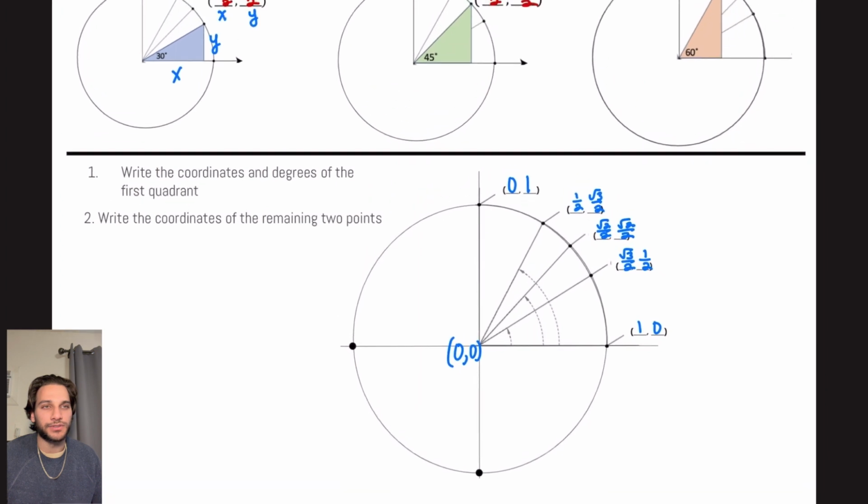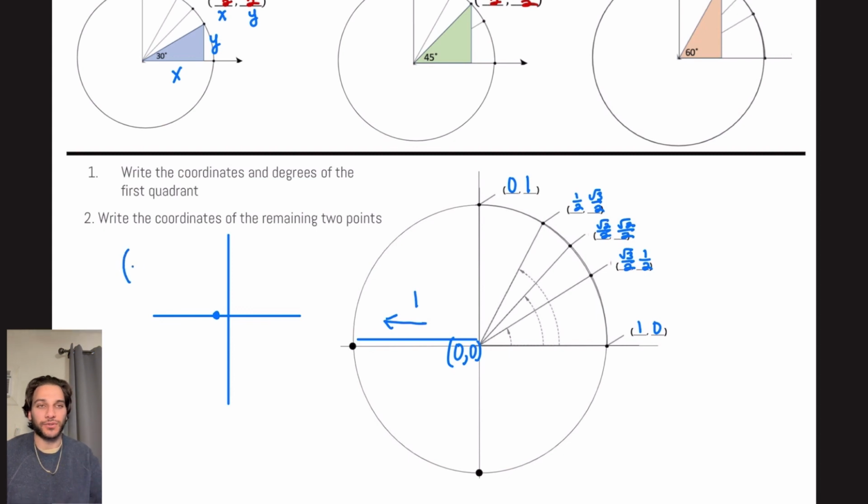The next thing I want to do is write my points. If I move over to the left 1, I'm going to get a point right here. If we were to just graph that point, which is what this circle has graphed, that's going to be at -1, 0.